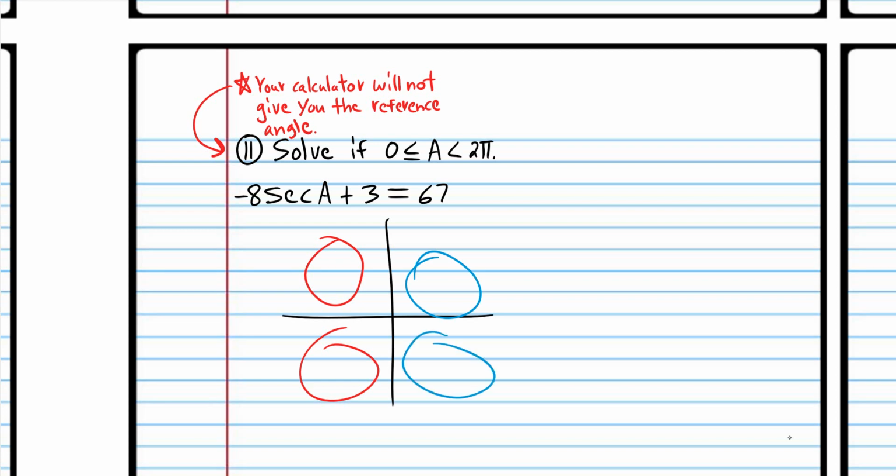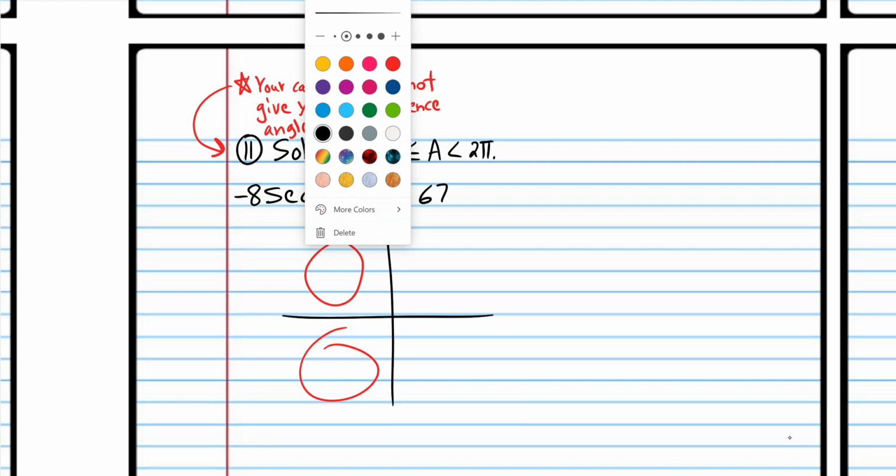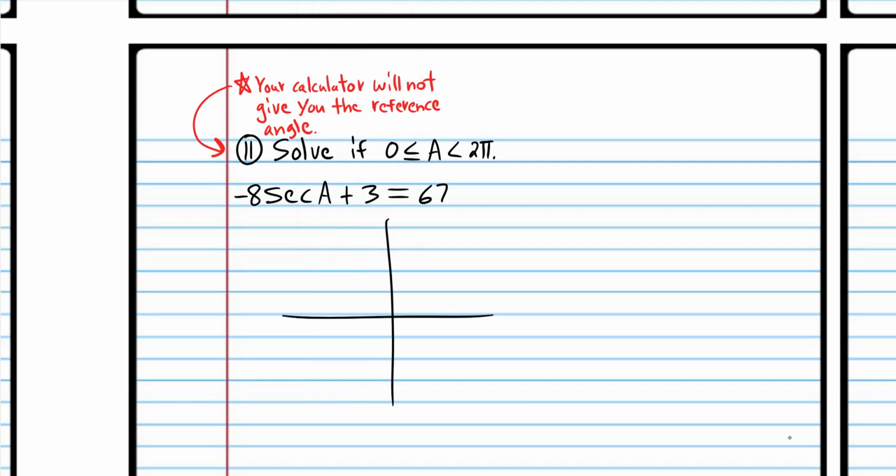So it's not going to be a negative number in the fourth quadrant or a positive number in the second quadrant. And if the answer is not in those quadrants, that means that it can't be an acute angle. It's got to be some sort of an obtuse angle. So you're going to have to deal with that. Try number 11, and when you come back, we'll do it together.